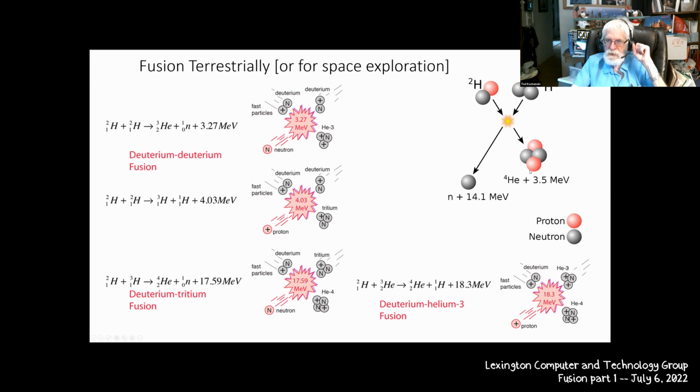You need this really to keep things going. And so you're looking at this moderately energetic neutron. It comes out, it will make some things radioactive, but it's also important because it breeds tritium, which is important because the tritium doesn't occur naturally very much.